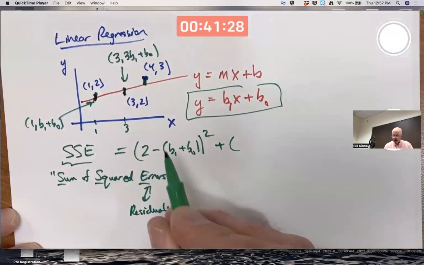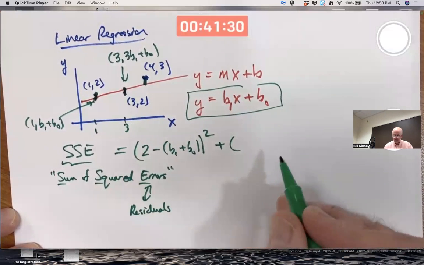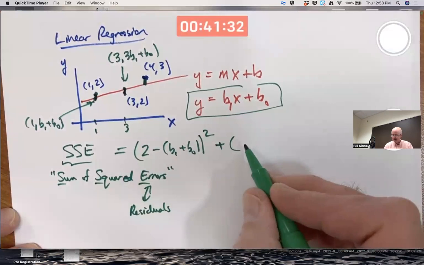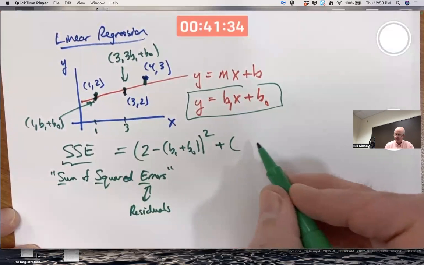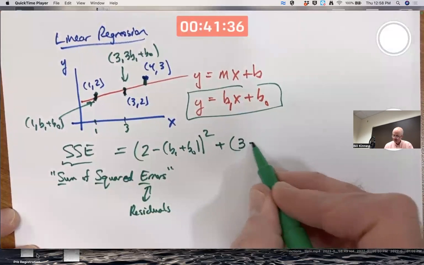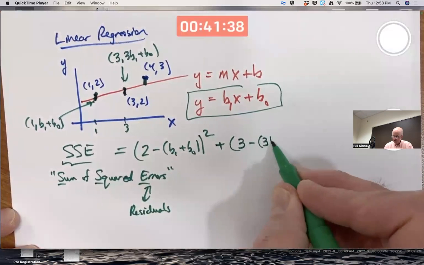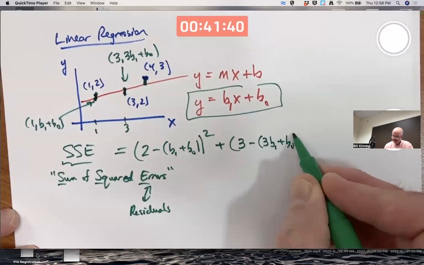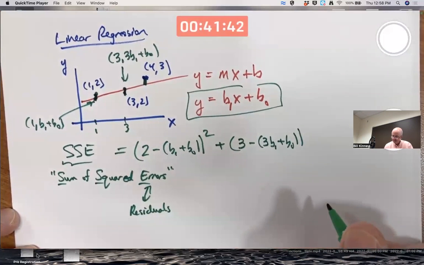Now, it looks like probably 2 is smaller than 3b1 plus b0. But again, once I subtract, I'm going to square, so it doesn't matter which one goes first. 2 minus (3b1 plus b0) is a negative quantity, most likely. As a residual, it's negative.